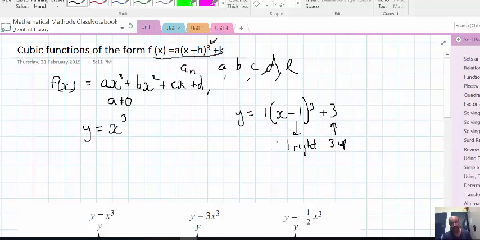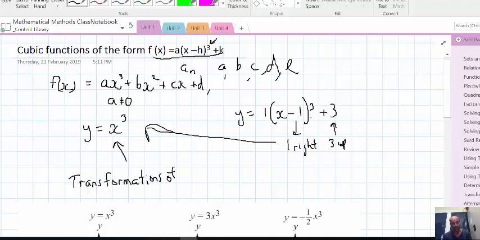So 3 units up, 1 unit to the right from our base cubic. So let's have a look at some of these transformations, and that's what we're going to look at now: transformations of y = x³.